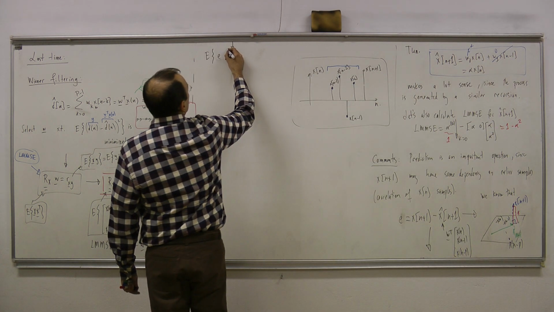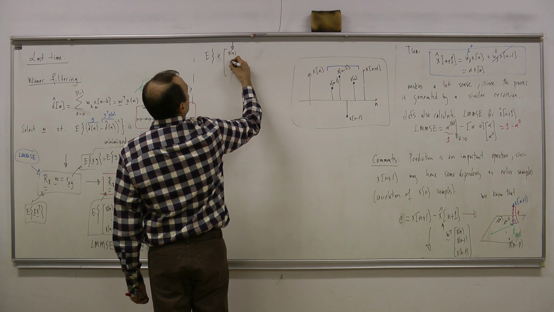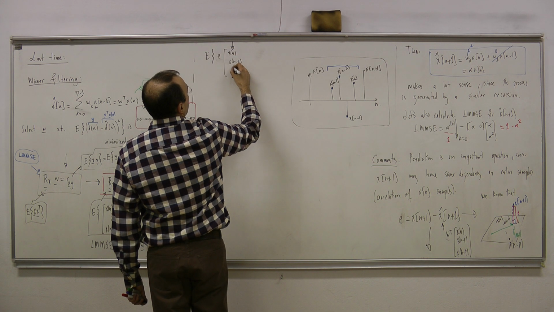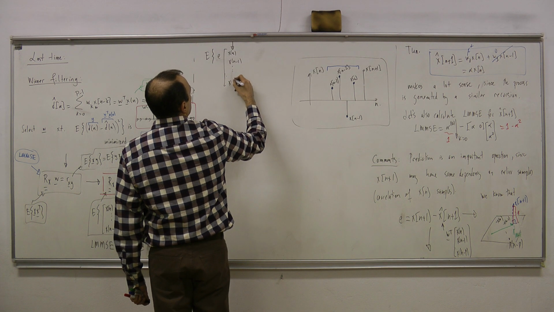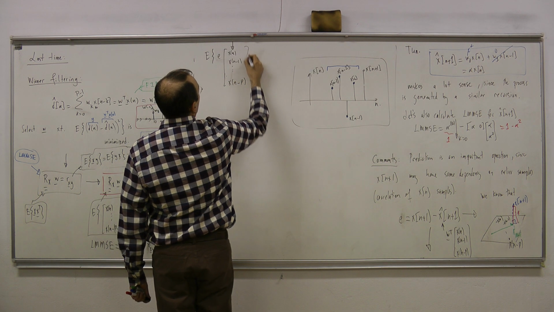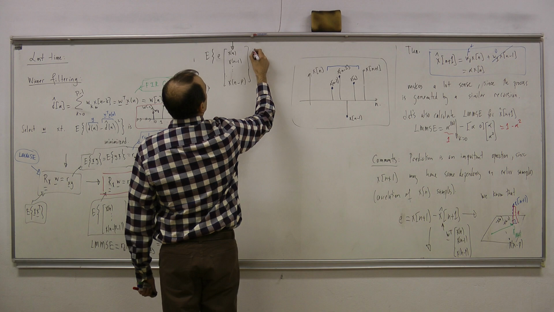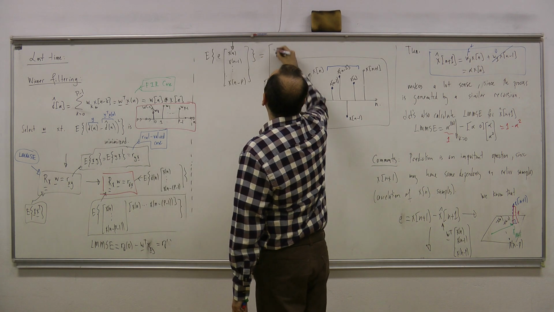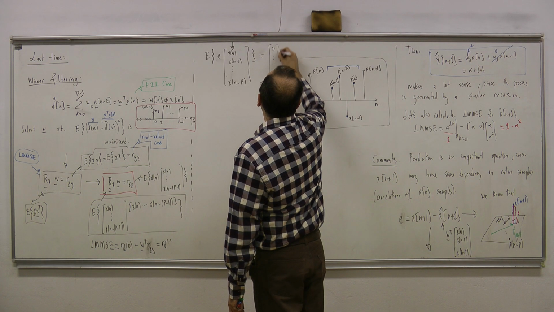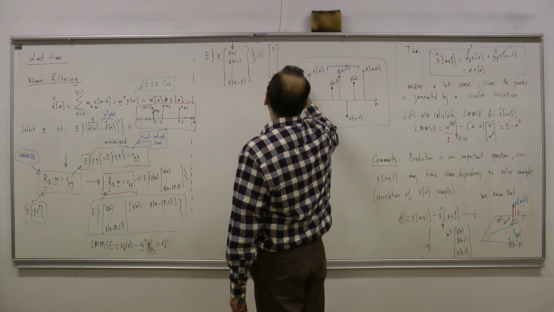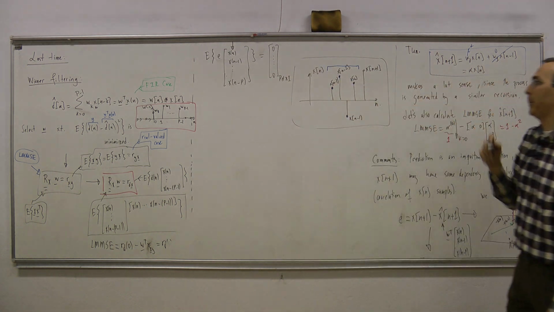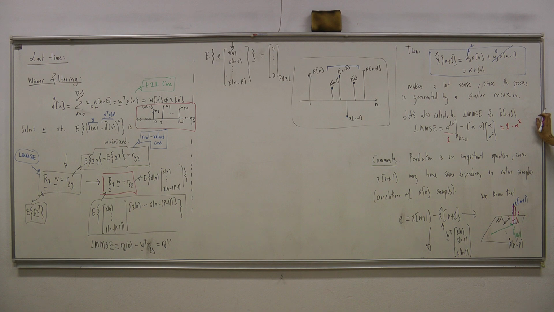So the orthogonality principle is that the error is orthogonal to each of these, and this is equal to 0, all zeros, a p plus 1 by 1 vector.